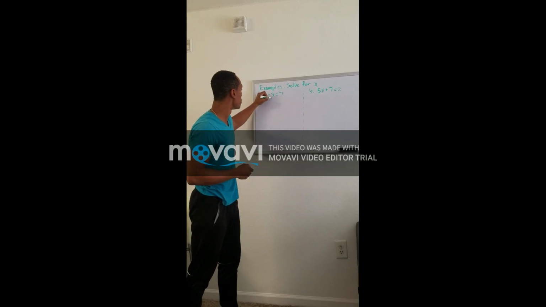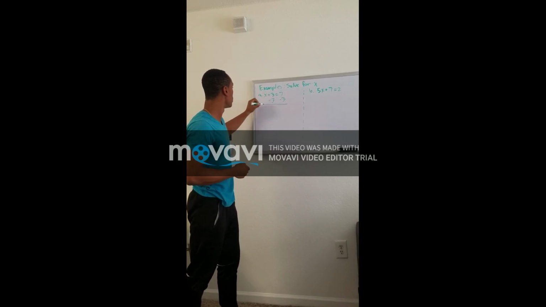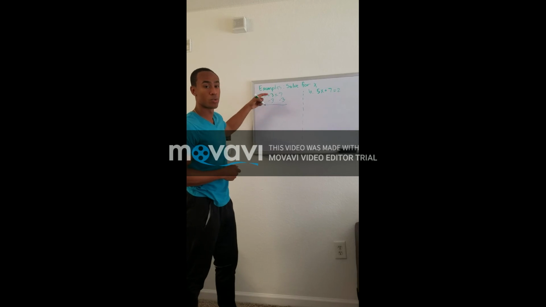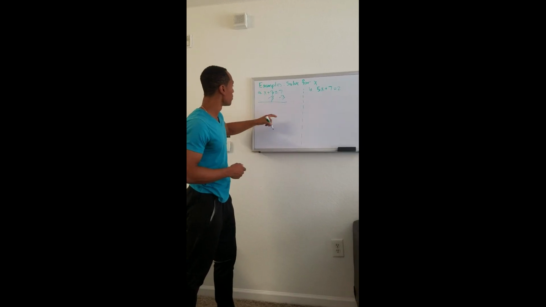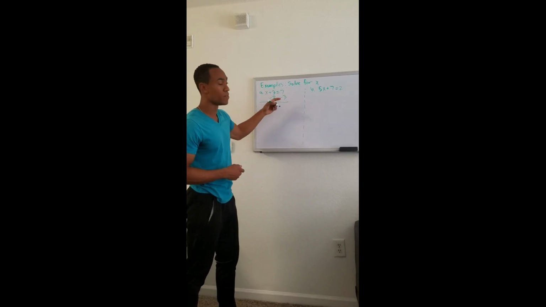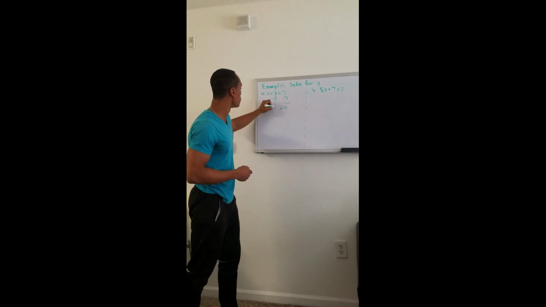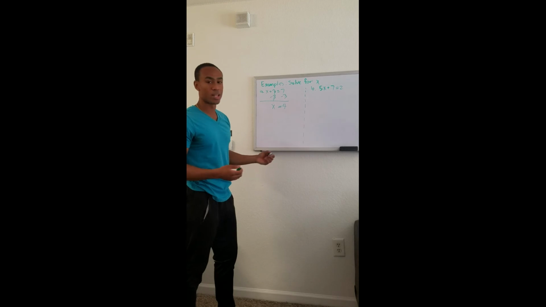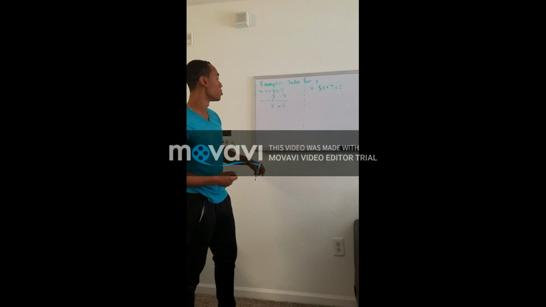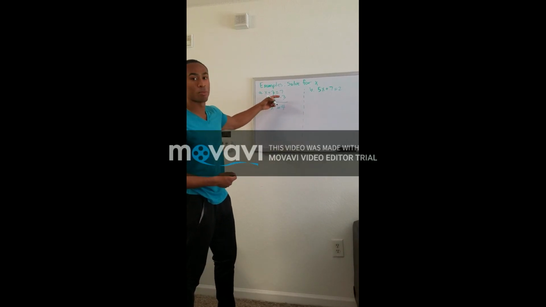So I'm going to minus 3 and minus 3. So you got 3 minus 3 is 0. This cancels out. 7 minus 3 is 4. So x equals 4.